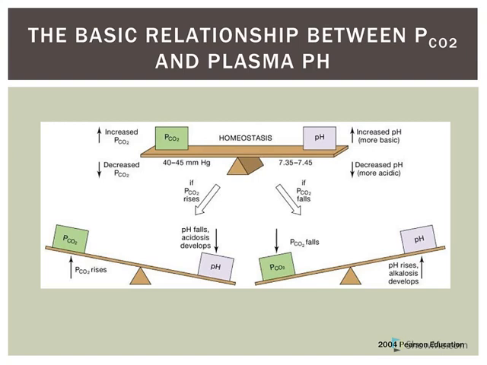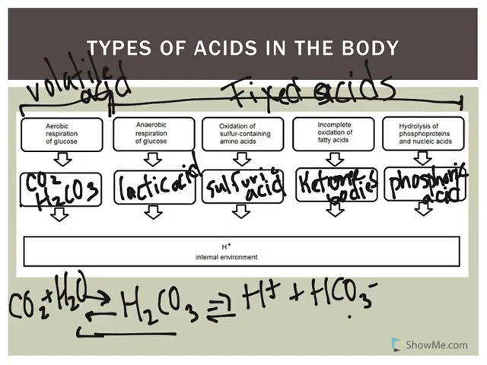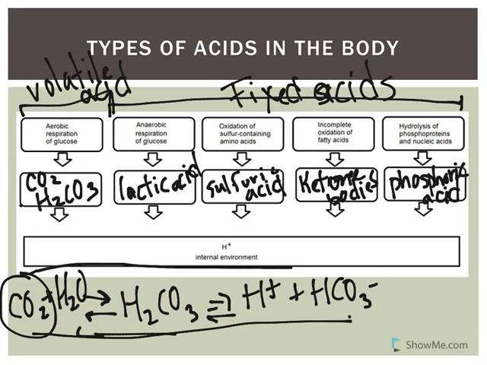Well, one of the things I do want to show you, which was kind of briefly insinuated, is this relation between carbon dioxide levels and your pH. Because of that reaction, if I go back here, the more carbon dioxide that you have, this equation goes in this direction, and you'll have a lot more hydrogen ions.